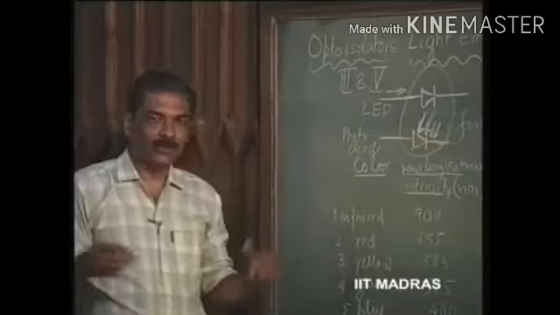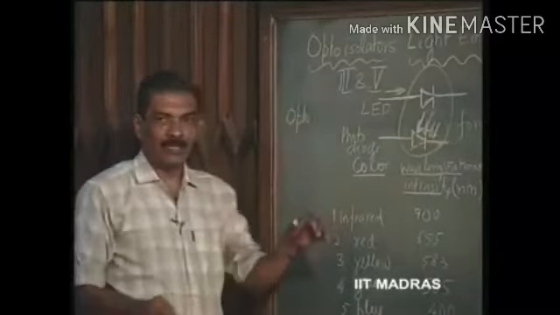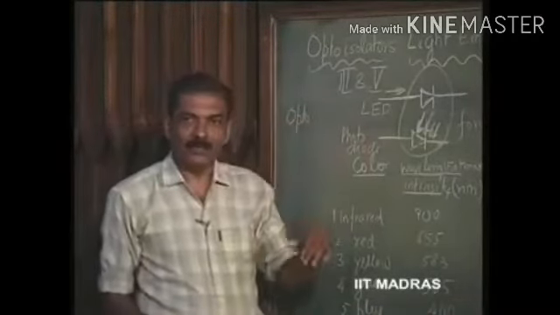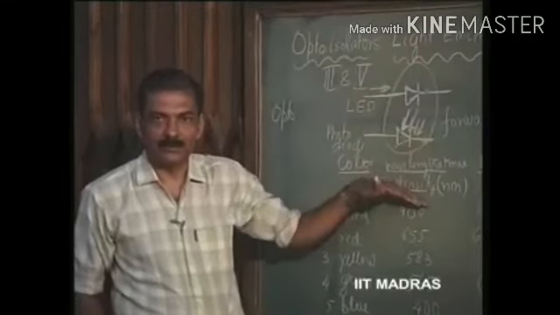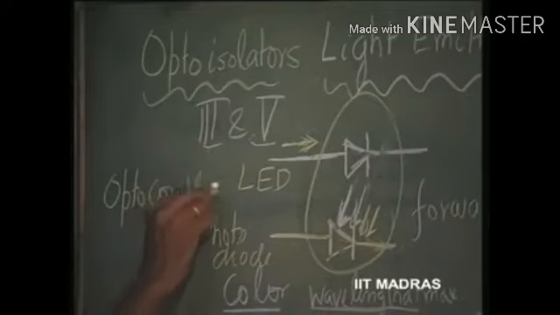Or this is also called opto coupler. This can couple as well as isolate. This will couple this signal to this. This will isolate this circuit from this circuit. So, these are called opto couplers or opto isolators.